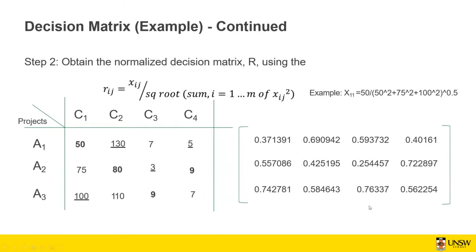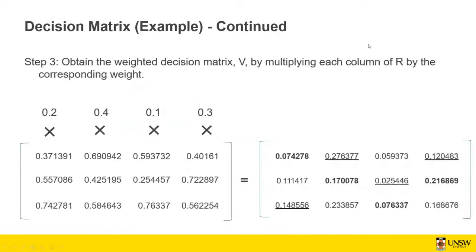So far you got this normalized decision matrix, or R, as you can see here, and all numbers are between 0 to 1, regardless of the initial value. That can be anything. So the next step, we want to put the weight on each criteria.